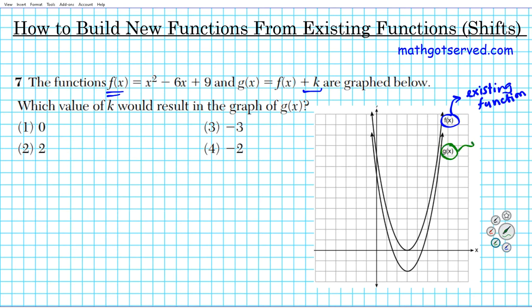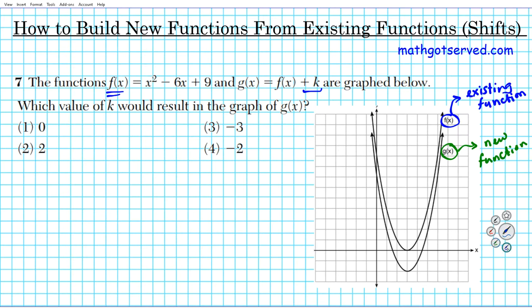The easiest way to determine the shift is by picking the vertex. Since we're given parabolas, if we just focus on the vertex, it's extremely easy for us to see exactly what's going on.